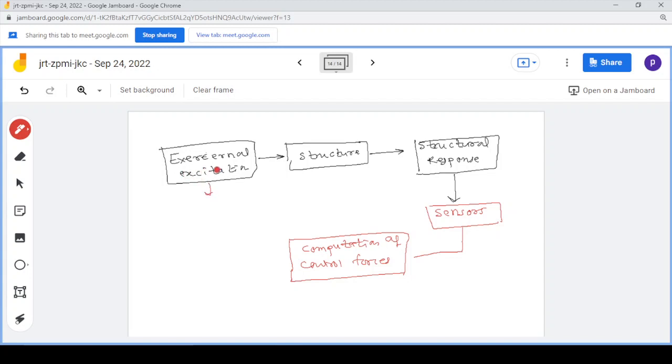We will also sense the external excitation which is provided to the structure, right? So that also we are going to do by using the sensors.